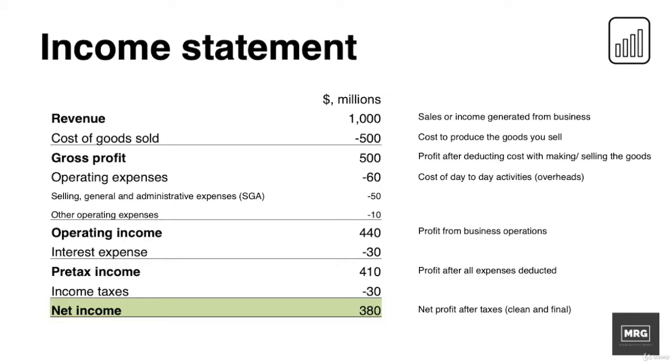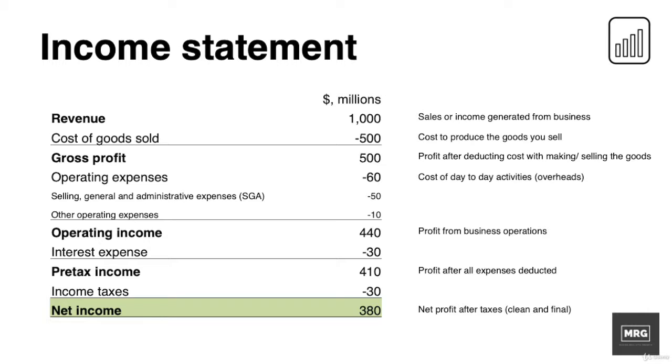And then you come to the operating income, assuming that you take a loan to buy fruits or to expand. Then you have to pay the interest. And then at the end of the day, you would need to pay some income taxes on the revenue that you earn from selling fruits. And then you come to the net income, which is clean and final to the owner of the fruit stall.